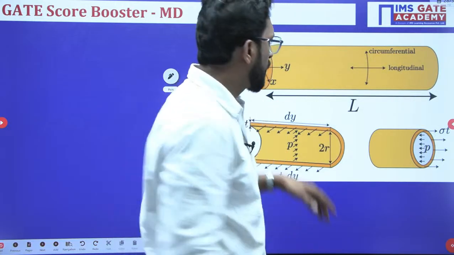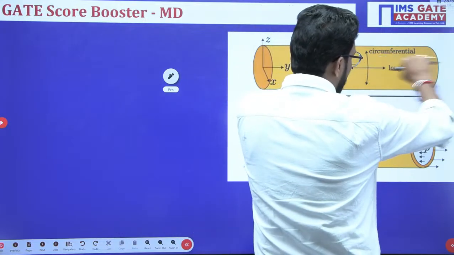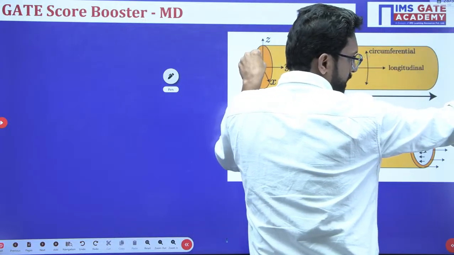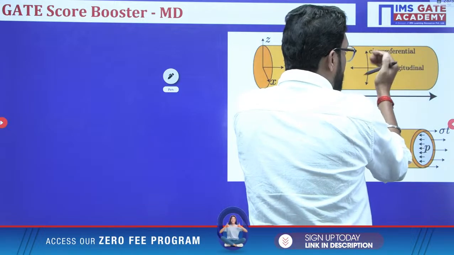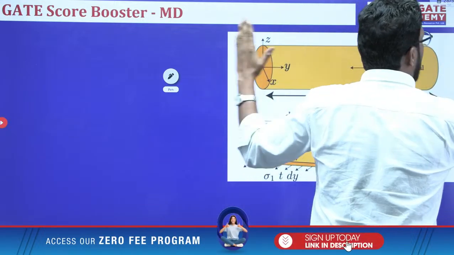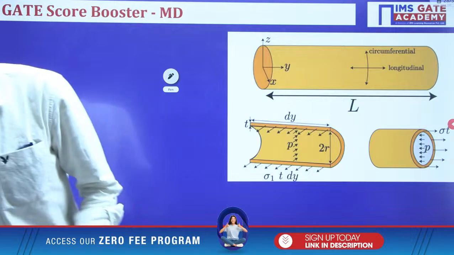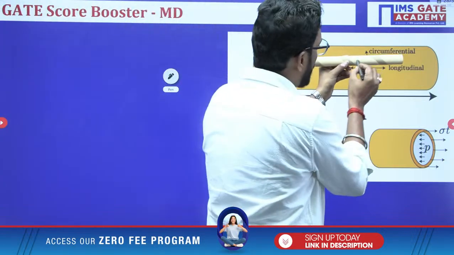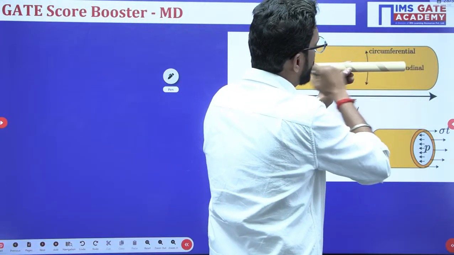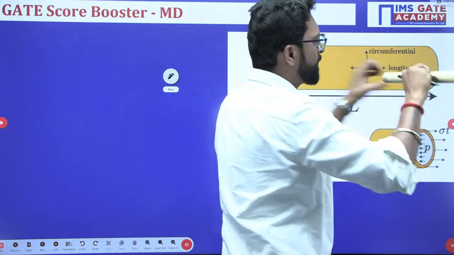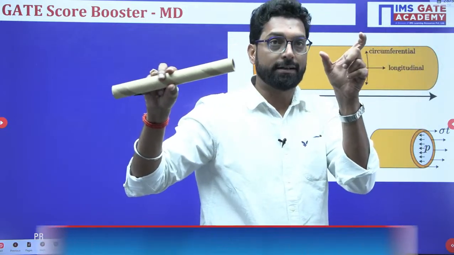If the stress acts in the longitudinal direction, the cylinder may be separated into two parts like that. If the longitudinal stress acts on both sides, the cylinder may break up into two parts.